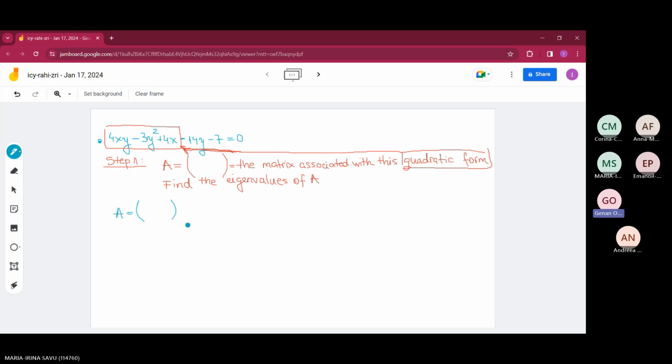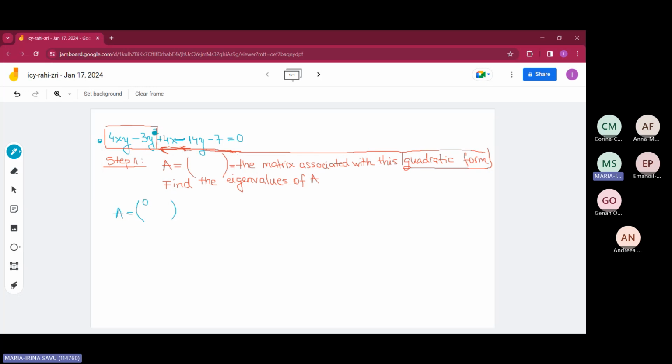So we have 0 here just for x, not for x squared, because we don't have x squared.